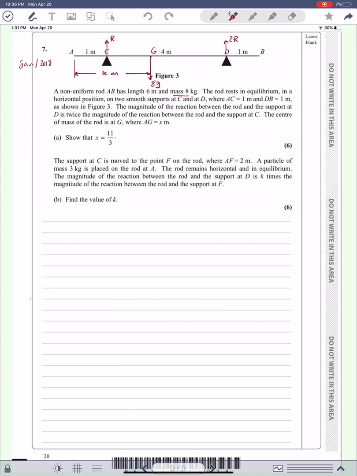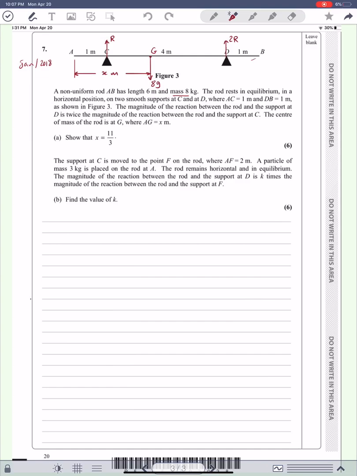The rod rests in equilibrium in a horizontal position on 2 smooth supports at C and at D, where AC is 1 meter as shown, and DB is 1 meter. The magnitude of the reaction between the rod and the support D is twice the magnitude of the reaction between the rod and C. The center of mass of the rod is at G. So label everything he says.